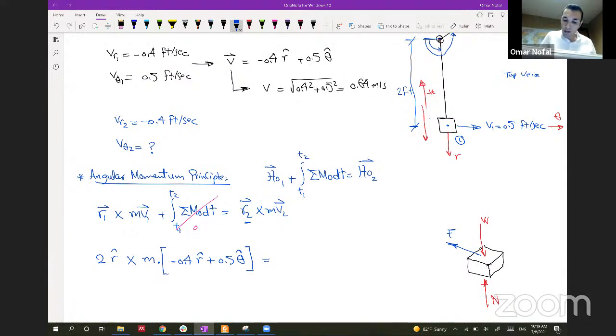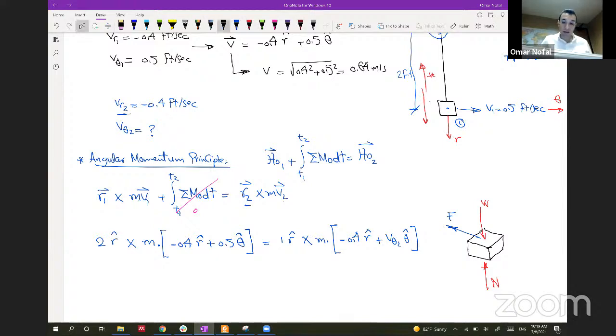So it will be 1 in the R hat direction, crossed with M times V2. For V2, you know the VR2, it's negative 0.4 in the R hat direction, but we don't know the V theta 2, which will be in the theta hat direction. So let's see how we can solve this.